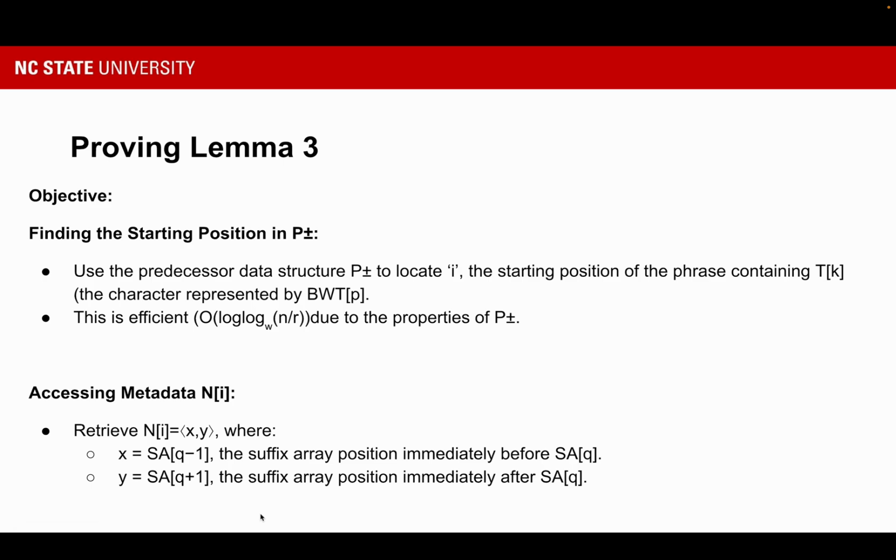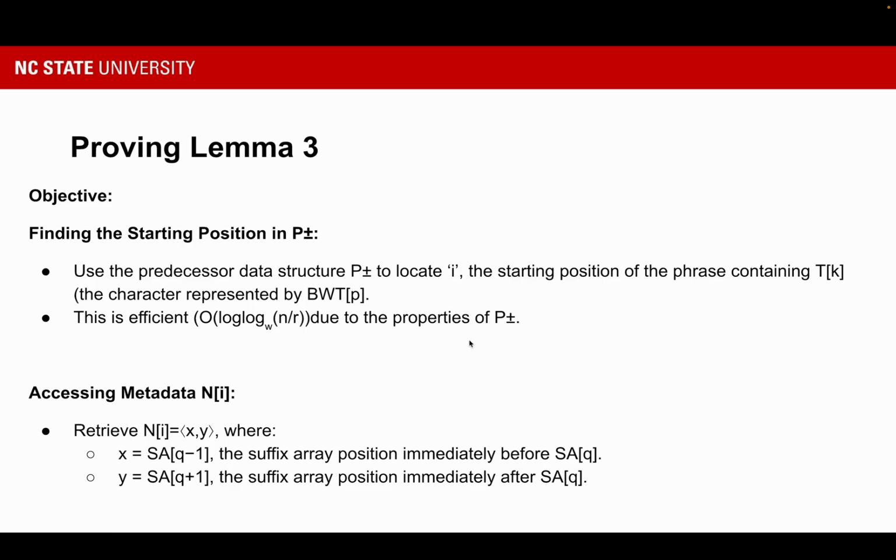So there is a predecessor structure P plus minus, which locates i, which is the starting position of the phrase containing T of k. Let's suppose this character is a representative of BWT of p. So this is efficient due to the properties of P plus minus. This has been discussed in one of the previous papers.